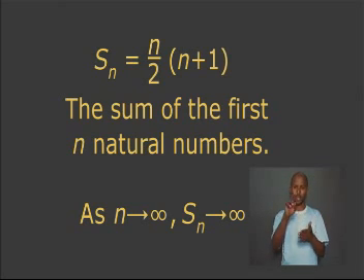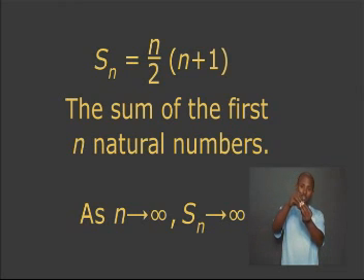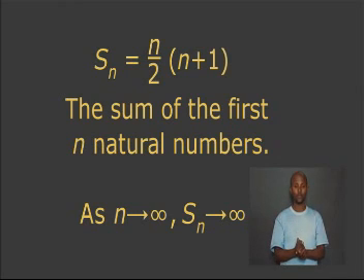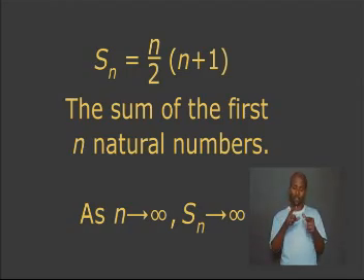As n becomes larger and larger, Sn gets larger and larger. Since n increases indefinitely, Sn increases indefinitely. Expressed another way, as n tends to infinity, Sn tends to infinity. Therefore, the nth partial sum Sn is infinite.